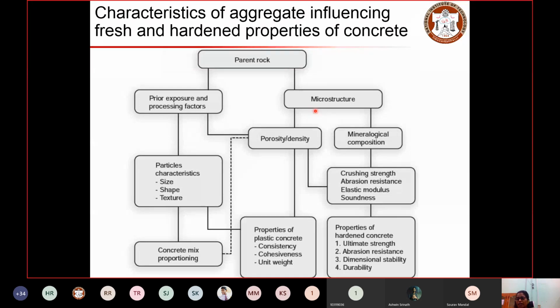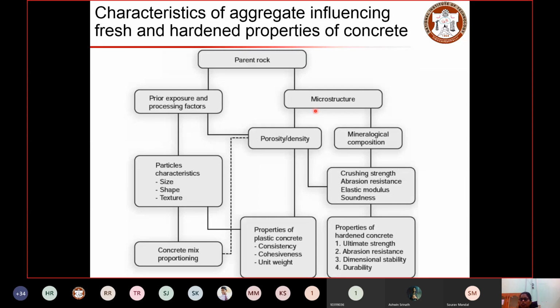So prior exposure and processing factors basically represent the process by which we obtain the aggregates. For crushed aggregates, we use crushing machines to grind or mine the aggregates. All these things influence the particle characteristics such as the size. Depending on that, we may get the formation also, how the sedimentary rocks form, and the natural processes of erosion and abrasion, those play a role.